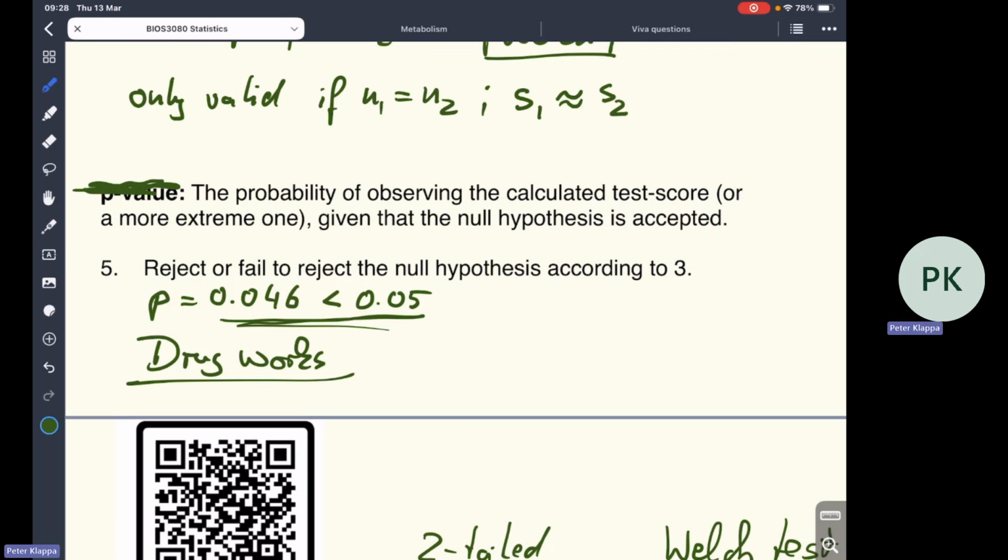Some people say, oh, the p-value is very close to alpha. So 0.046 is not too far away from 0.05. So maybe not really close, maybe it doesn't really work.